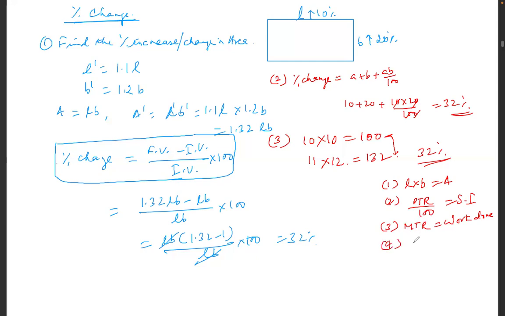Fourth one, let's say N into R is equal to value. Number into rate is equal to value. If price of one pen is 10 rupees, if you purchase one pen, you pay 10 rupees. If you purchase two pens, you pay how much? 20 rupees. If you purchase three pens, you pay 30.